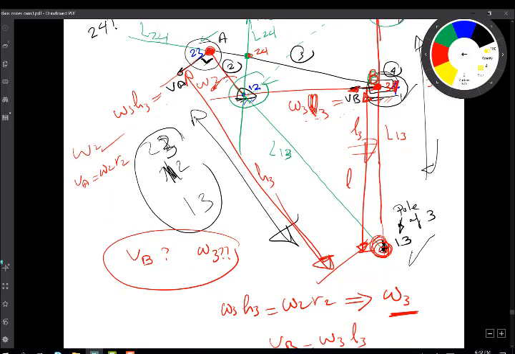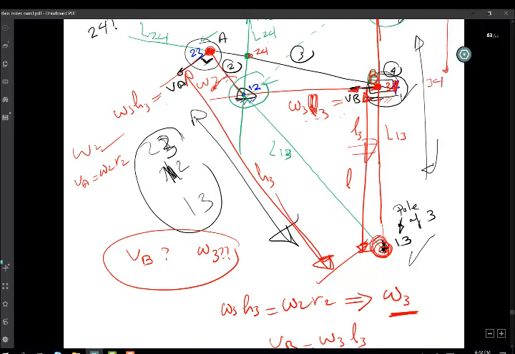If you want to think of another way, the other possibility, you say, okay, this point is 2, 4, which falls on link 2 and link 4 at the same time. So its velocity being on link 2 is equal to omega 2 times this distance here. Let's call it h2. So this velocity here is equal to omega 2 h2.